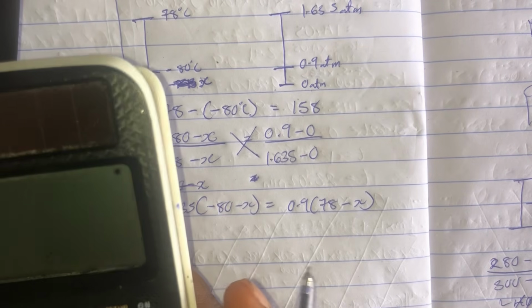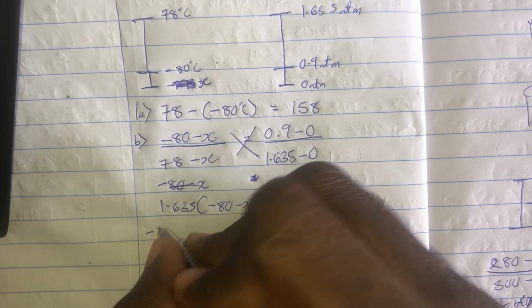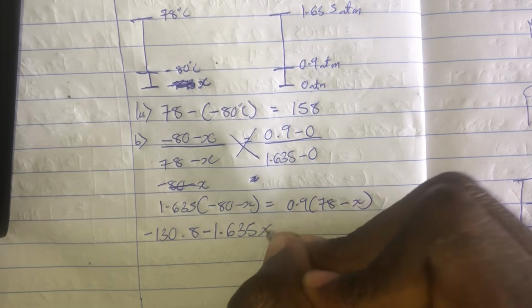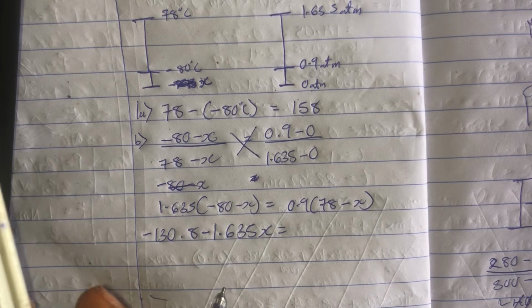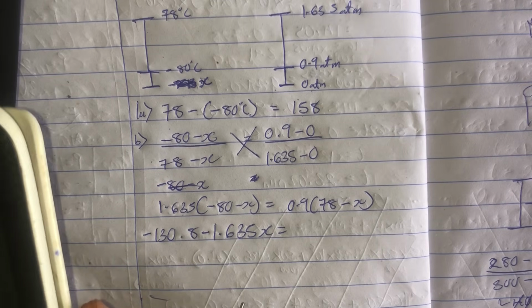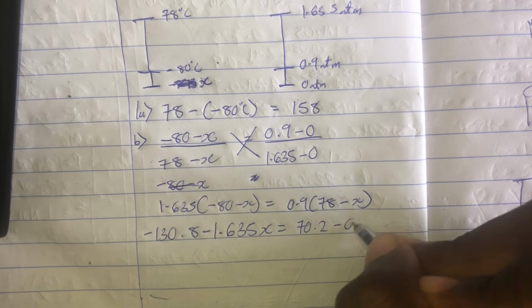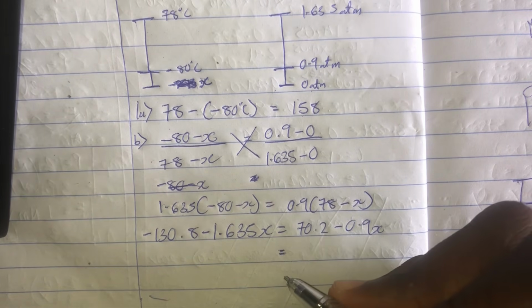Let's open the brackets. I have 1.635 times 80, which is minus 130.8, minus 1.635x. And 0.9 times 78 gives 70.2 minus 0.9x. We collect the like terms.